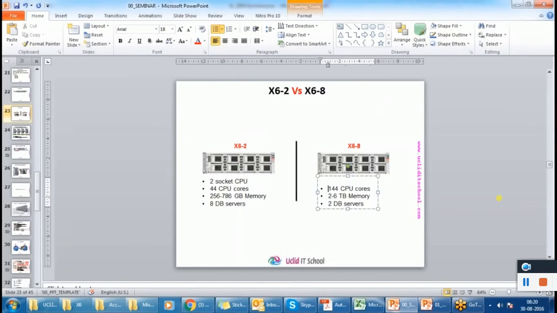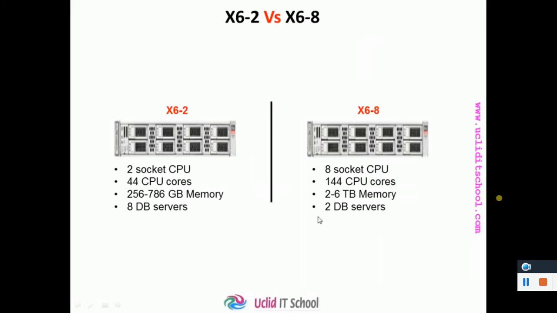Let me write that also for more clarity. Another difference is the number of CPUs: for the X-2 system it is 44 CPUs, whereas in X-8 you are getting 144 CPUs per server.